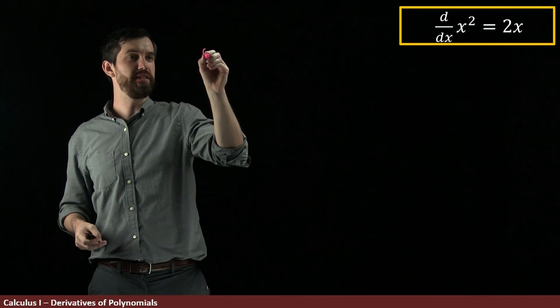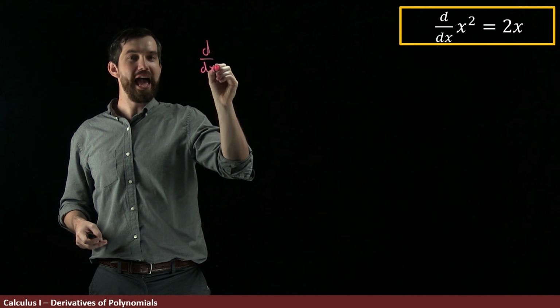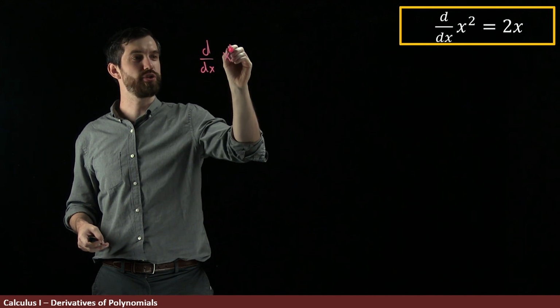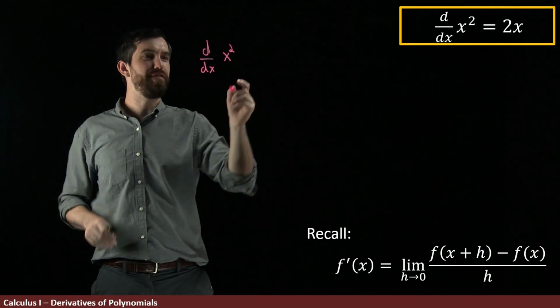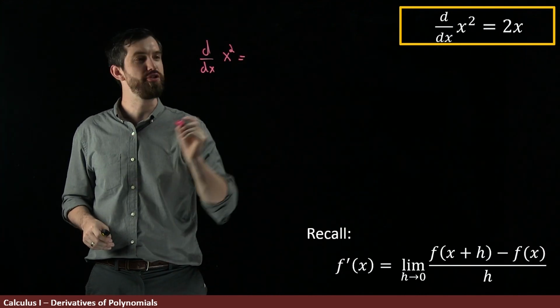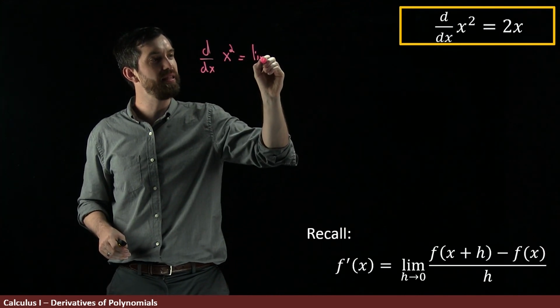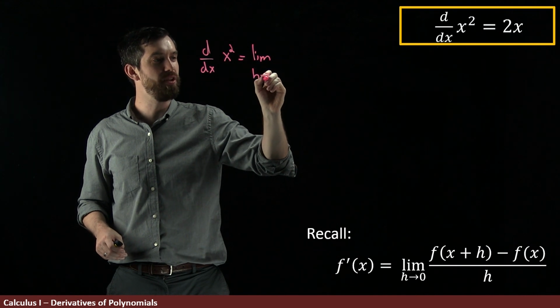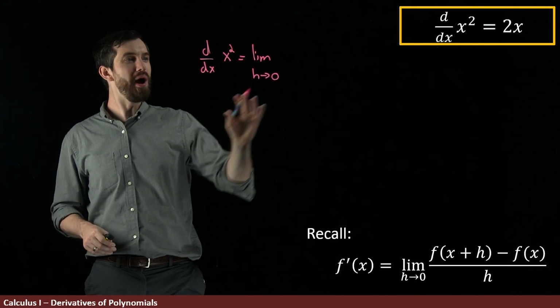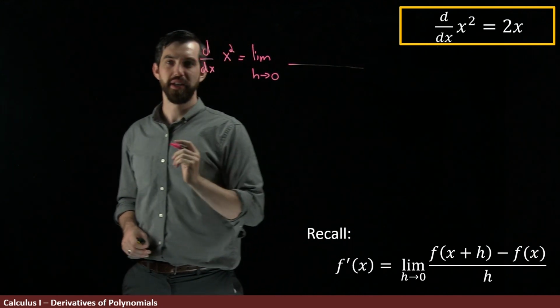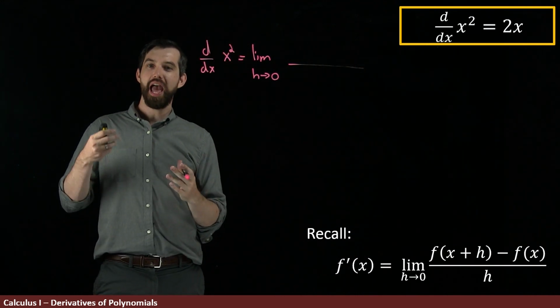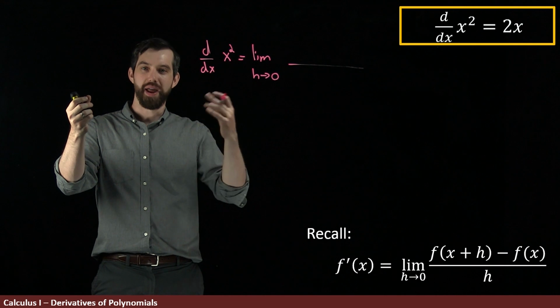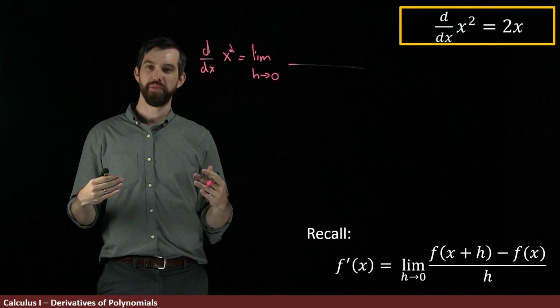So our goal is the derivative with respect to x of this particular function, x squared. And I'm using the formal definition of the derivative, which is a limit. It is a limit as my h is going to 0, and then what I put here is just some quotient, and the quotient is going to be f of x plus h minus f of x, all divided by h.